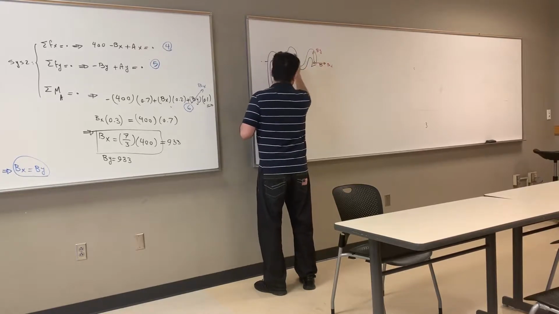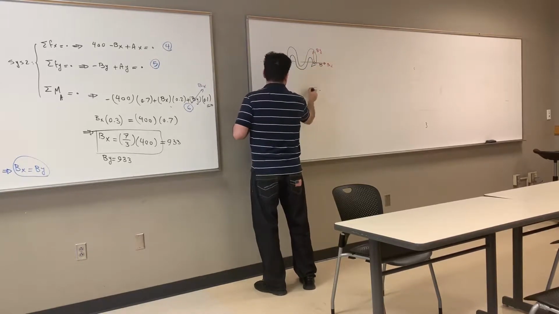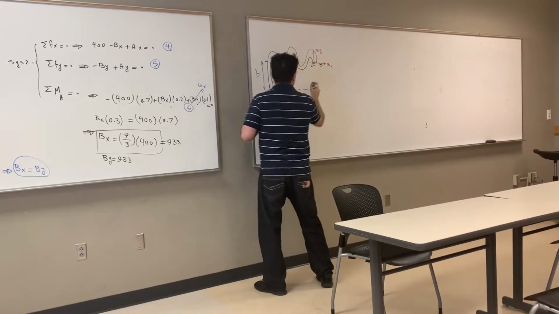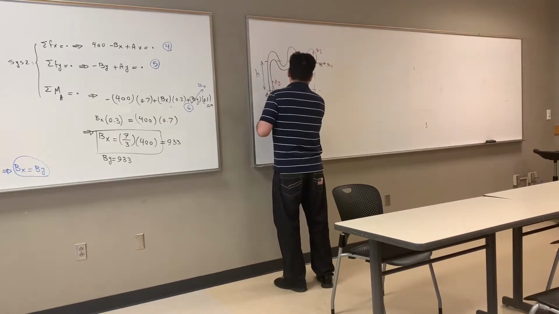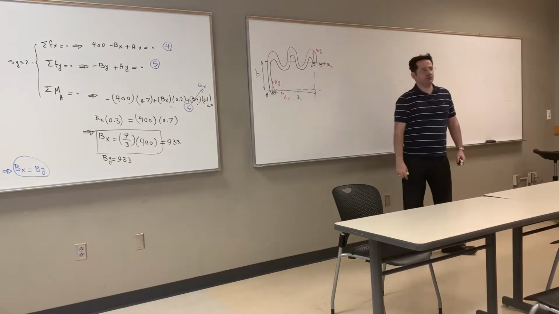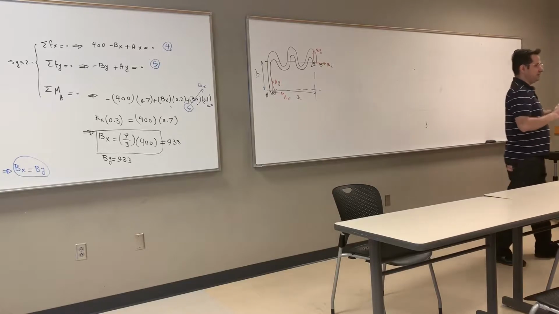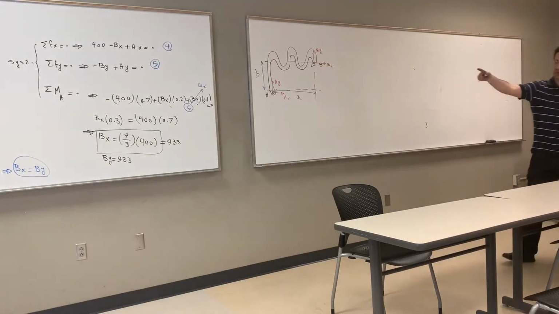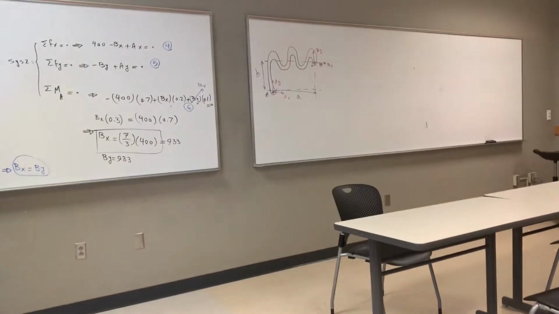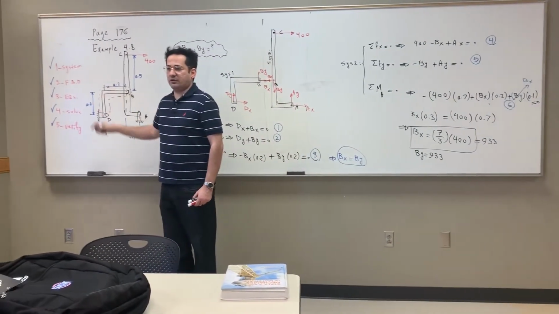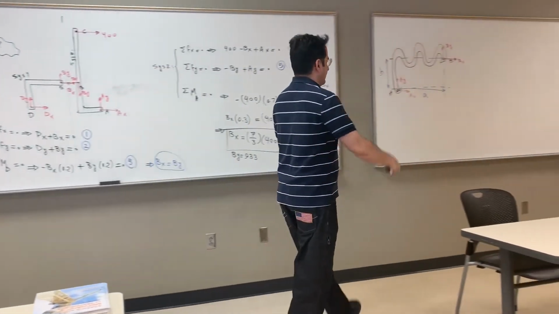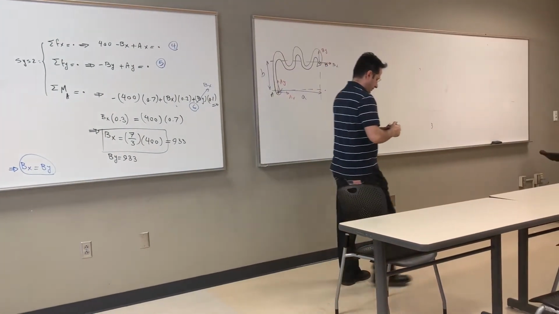Let's say this distance from here to here is B, and from here to here is A. Let's say these two are given to me from measurement. In that particular example, A is 0.2 and B is also 0.2. So the end-to-end distances are given to me.